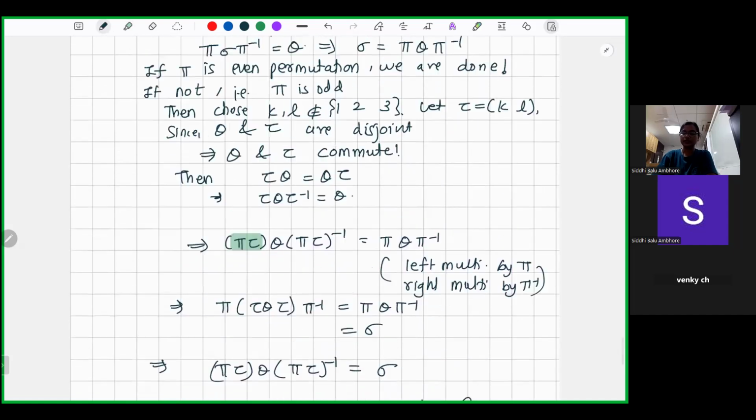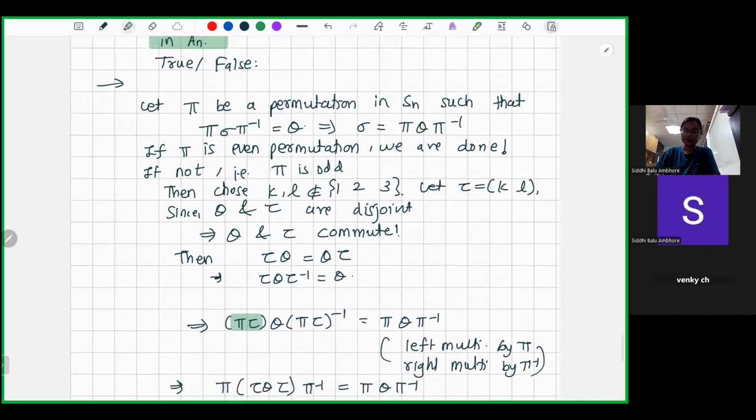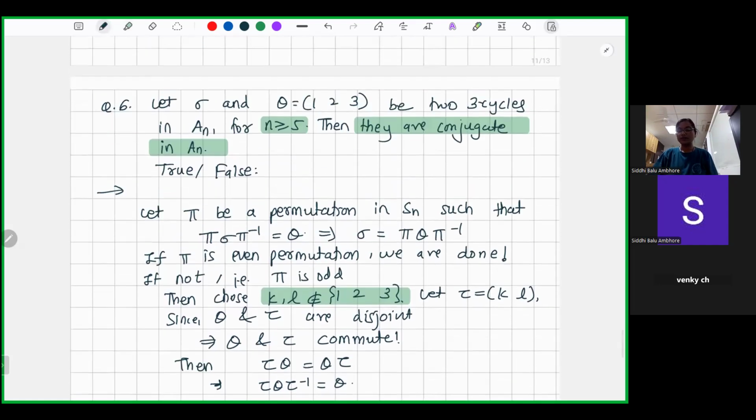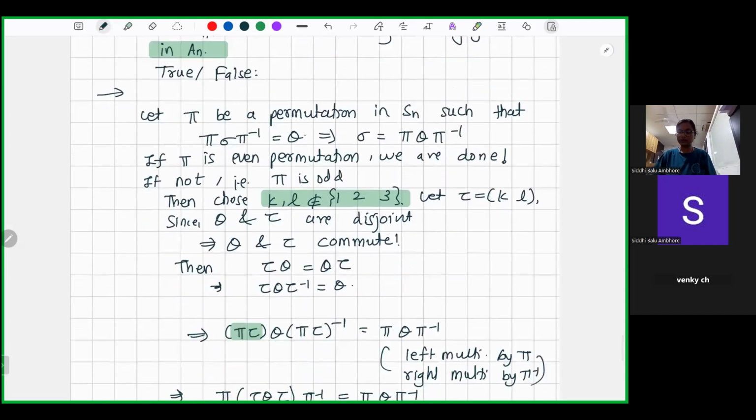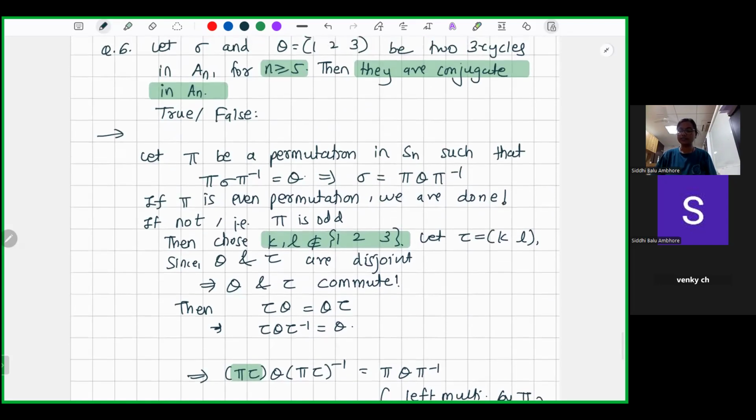And we did that using this. We chose this tau here, which is not in this {1, 2, 3}, and we obtained this. And 1, 2, 3 here does not play any role. You can just take any a, b, c and still proceed with the proof, and it will be similar.